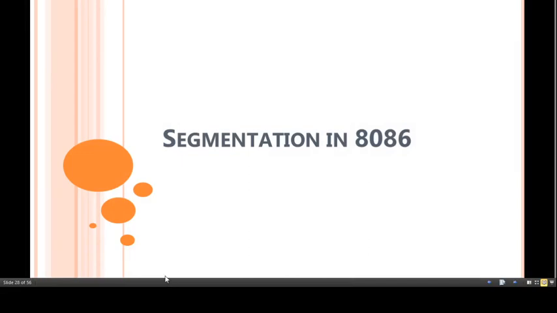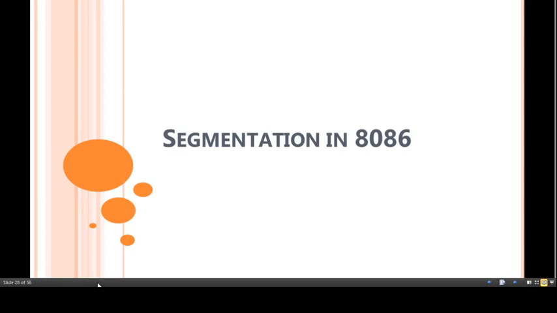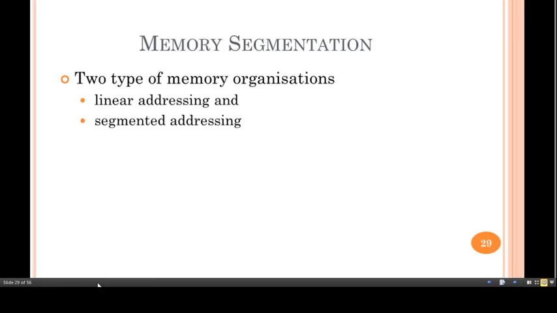So, segmentation in 8086, that is memory segmentation. First of all, for what purpose do we require this memory? Memory is used to store information. This information can be either a program or data.